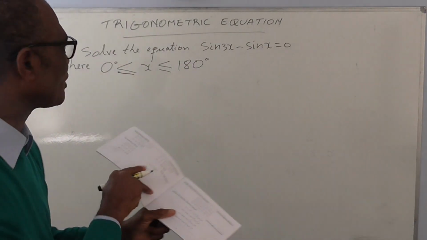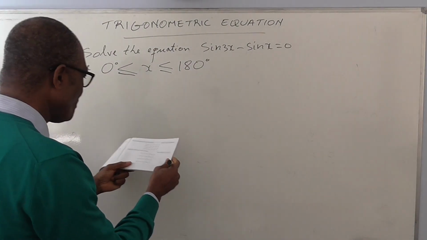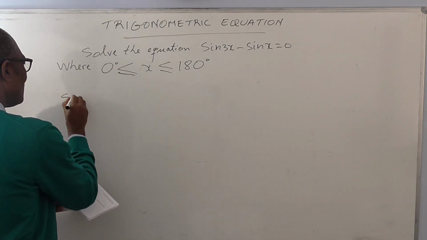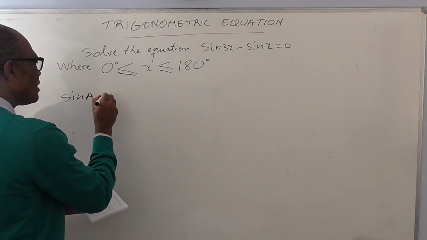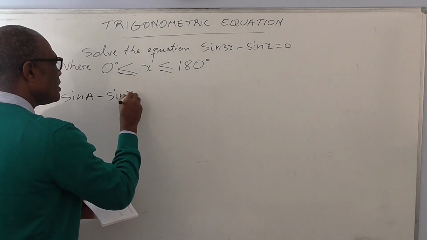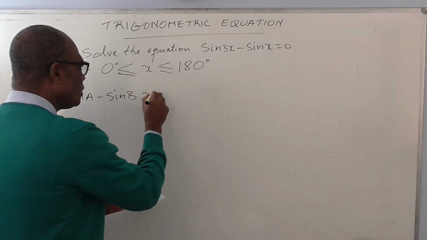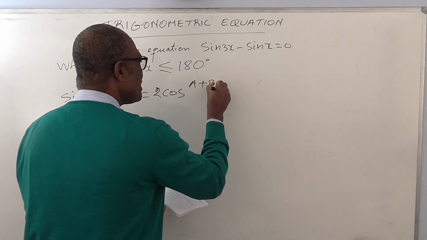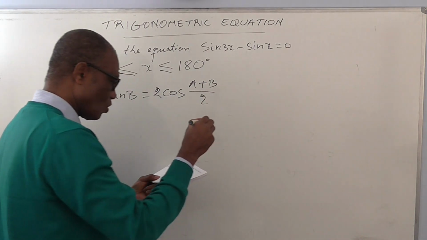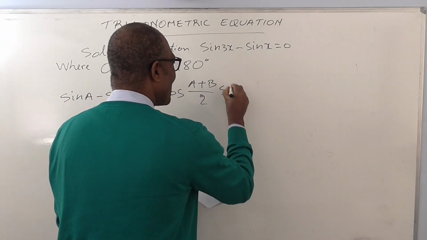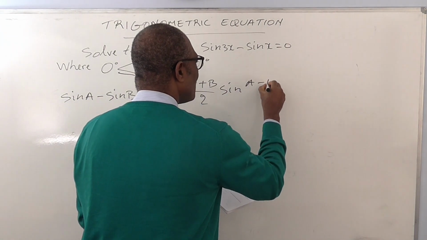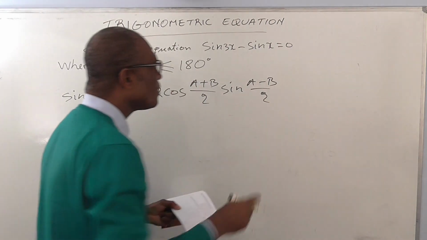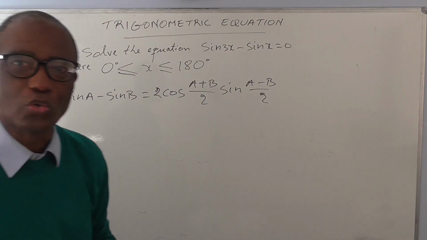The formula says sine of A minus sine of B is equal to 2 cos of (A plus B) divided by 2 multiplied by sine of (A minus B) divided by 2. This is the formula that we are going to use.